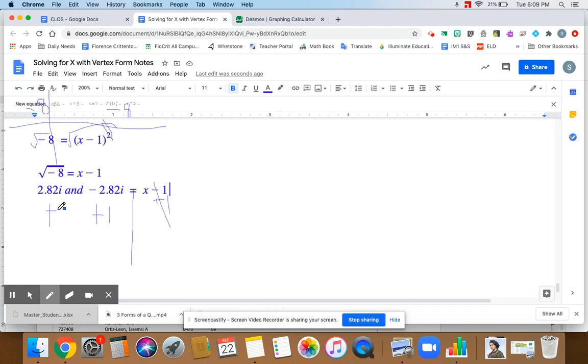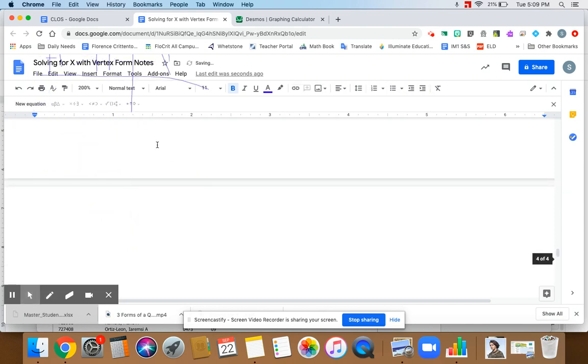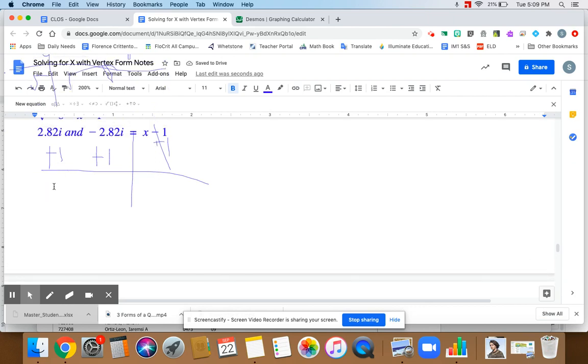However, can you add imaginary numbers with real numbers? No, you cannot. So your answer, as weird as this looks, is that you have 2.82i plus 1 and negative 2.82i plus 1. And that's what x equals.